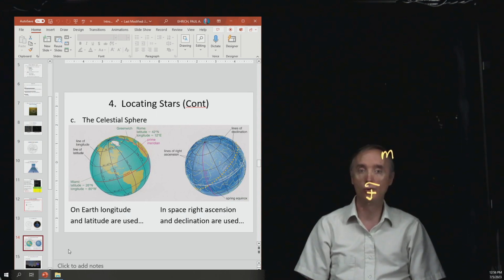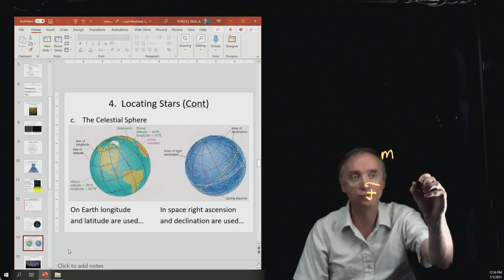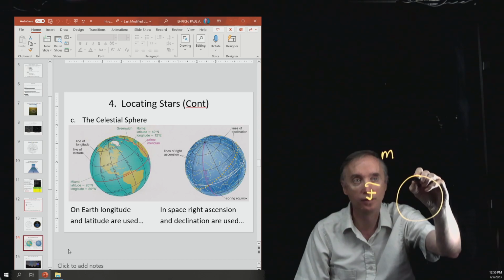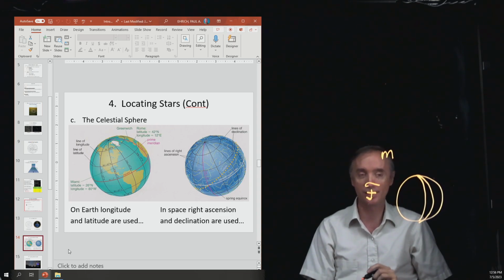You should know what the celestial sphere is, and you ought to know what the words right ascension and declination are. If you draw a picture of the celestial sphere, the lines that are going up and down are called the right ascensions.